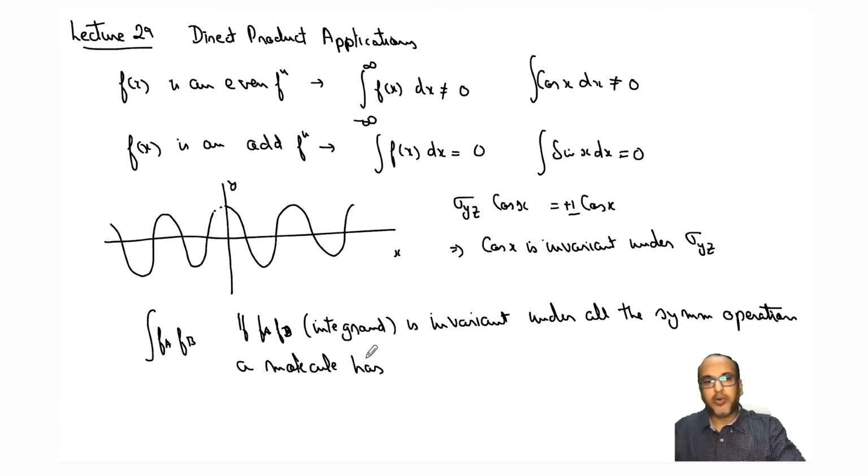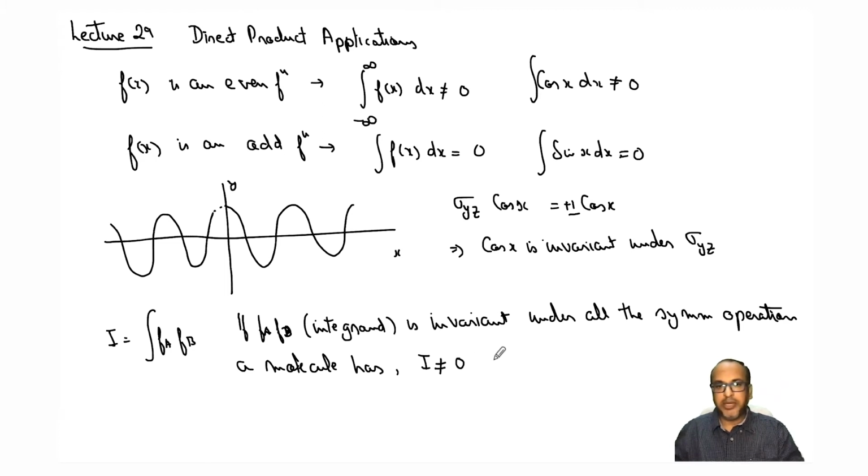So we are talking about a molecule and the corresponding symmetry operations. Whenever we are considering a molecule, it has certain symmetry operations and it falls under a particular point group. In that context, if two functions which form the basis of certain representations are invariant under all the symmetry operations a molecule has, then let's call this integral I, the integration will not be equal to 0.